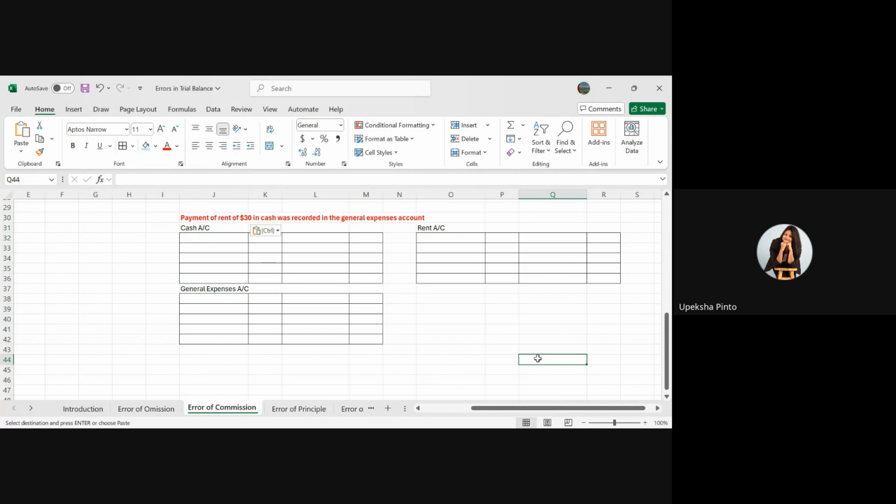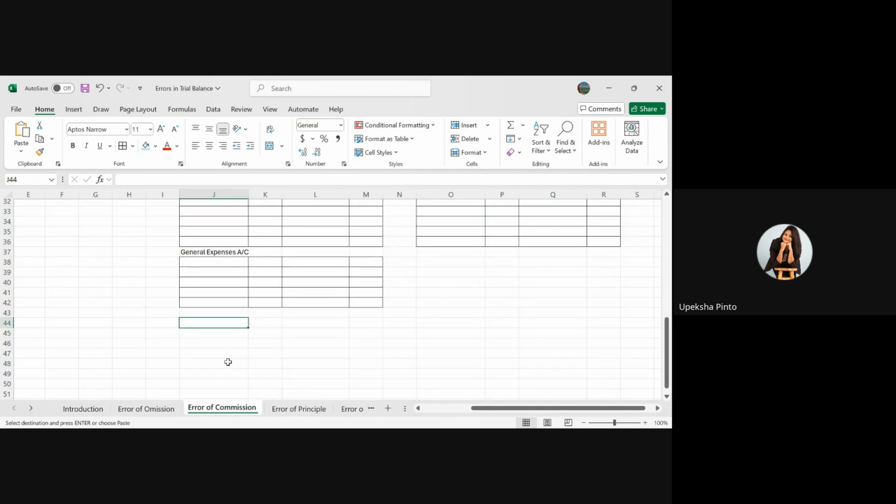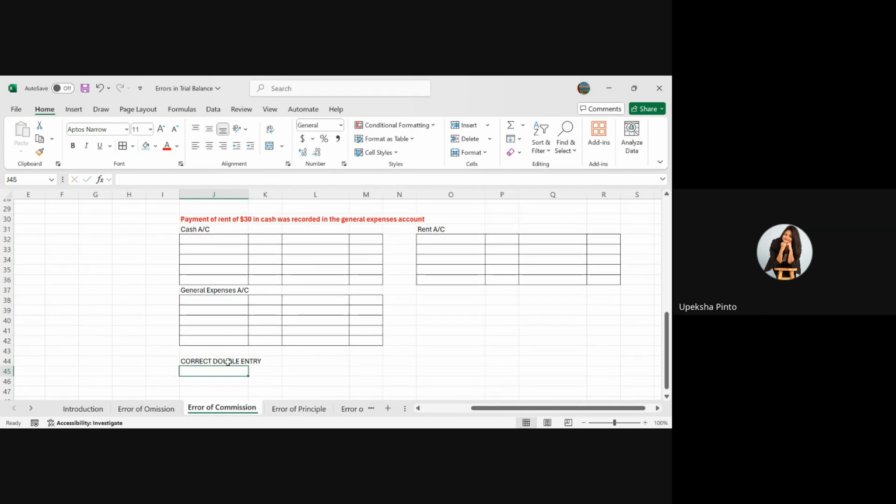So we'll write the usual thing that we wrote, the correct and the incorrect double entry, right? So what's my correct double entry? I am paying $30 in cash for rent. So it should be rent account debited by 30 and cash account credited by 30. But this is not what we have done. So there's an incorrect double entry also here.